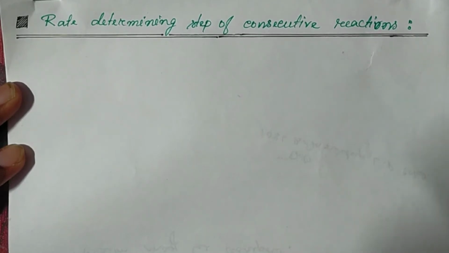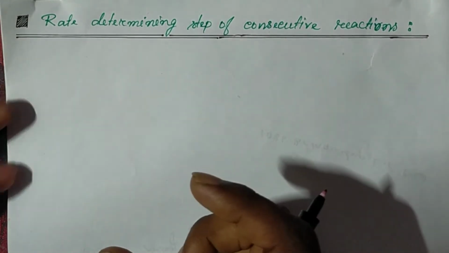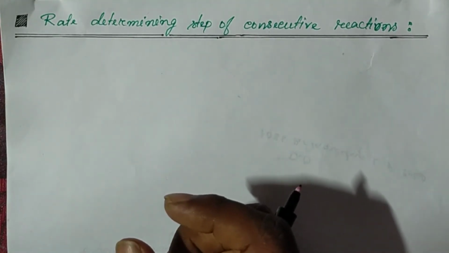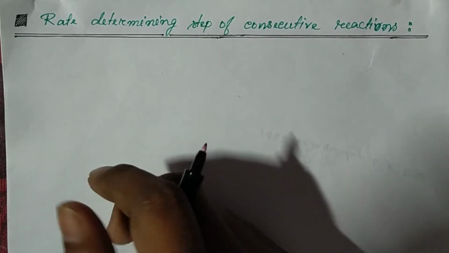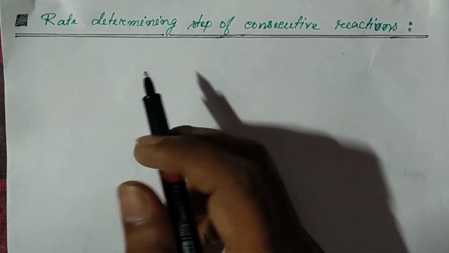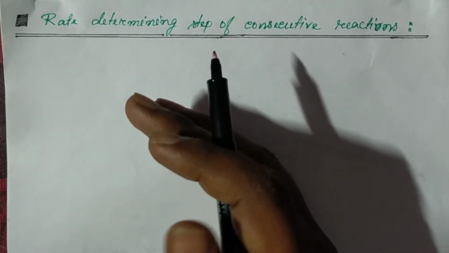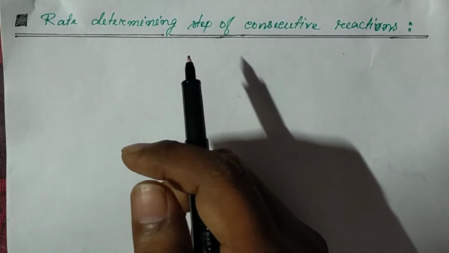I'll discuss the rate determining step of a consecutive reaction. Which step is the rate determining step? In general, just the slowest step is considered to be the rate determining step.